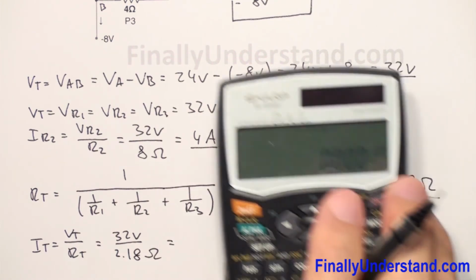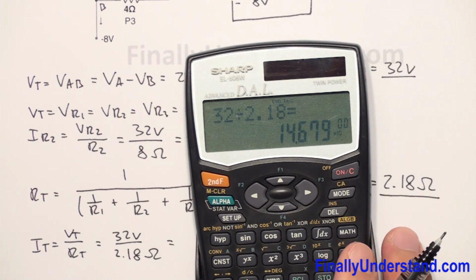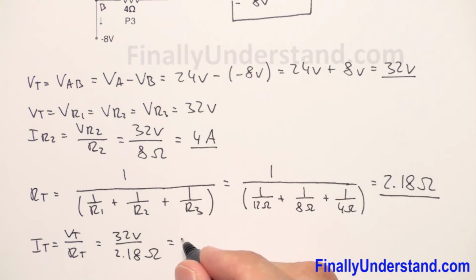So 32 divided by 2.18 is equal to 14.67 amps. This is my I total.